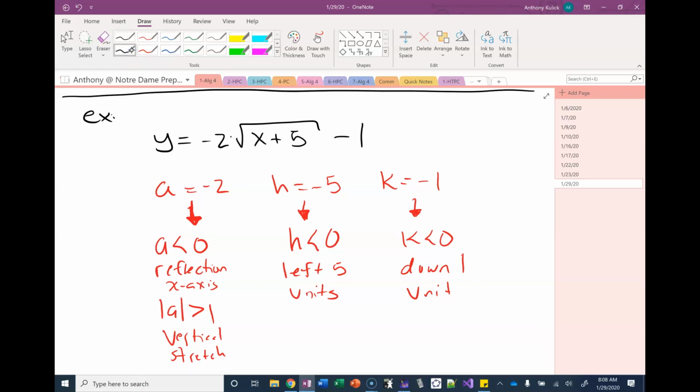We kind of remember doing this. We did this when we talked about absolute value functions quite a bit, right? Or even like the vertex form quadratic function, right? We had the same discussion. Okay.